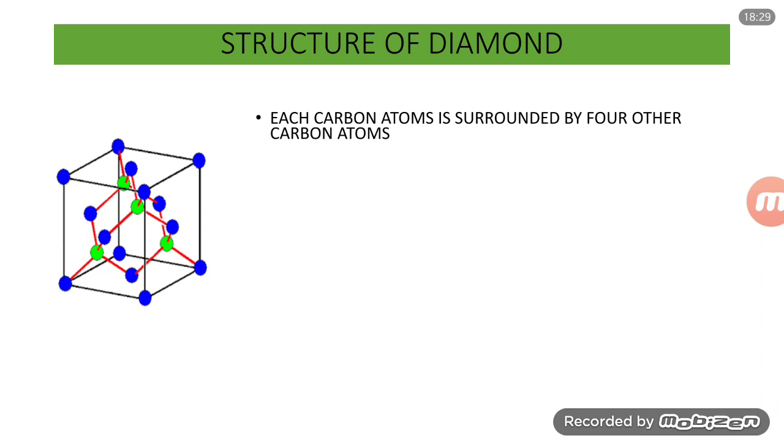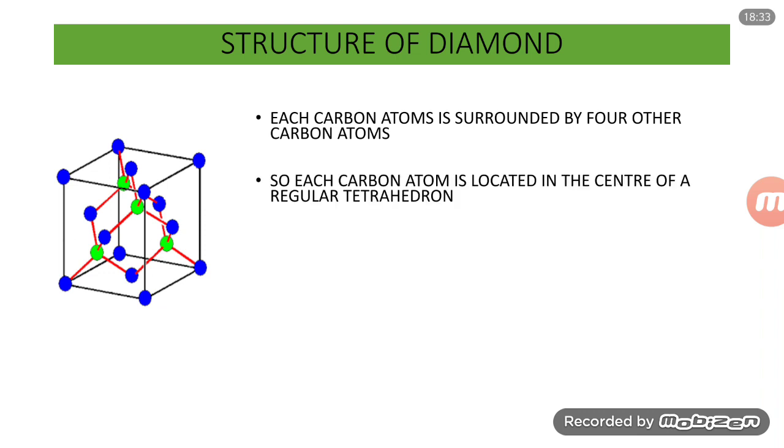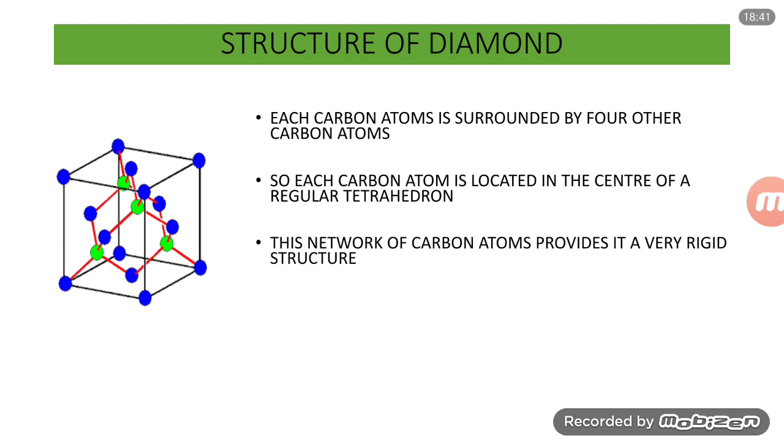So I have the statement: each carbon atom is surrounded by 4 other carbon atoms, and each carbon atom is located in the center of a regular tetrahedron. This network of carbon atoms will provide rigidity to the diamond. The way these atoms are arranged inside the diamond gives a rigid structure to it.